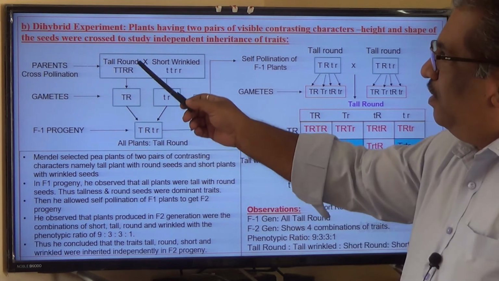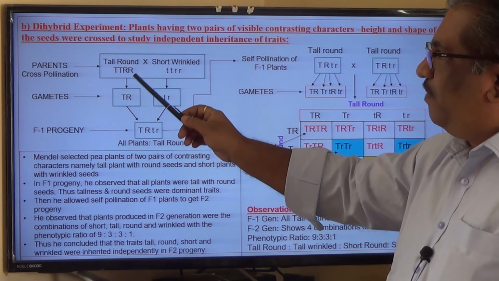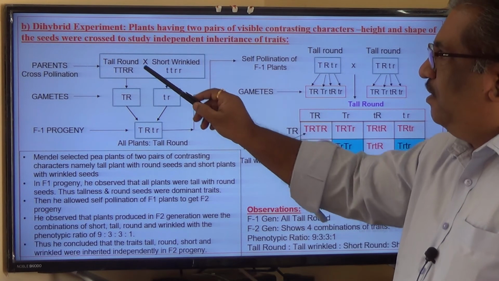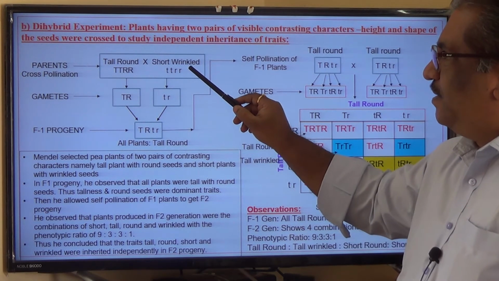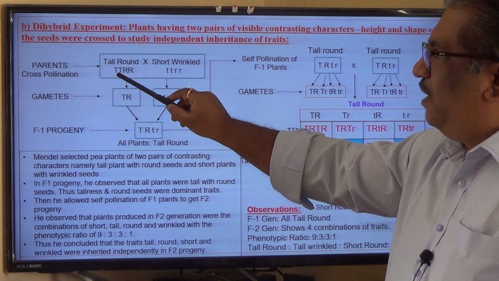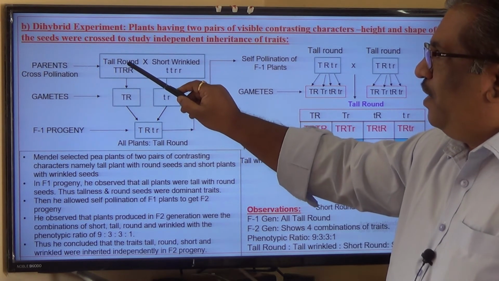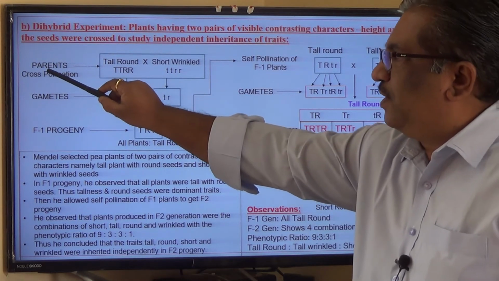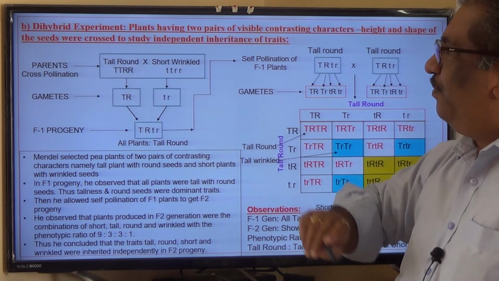Here the pea plants that were considered were tall with round seeds and short with wrinkled seeds. Let us represent the tall as capital T, and round seeds as capital R. This is with respect to the parents.